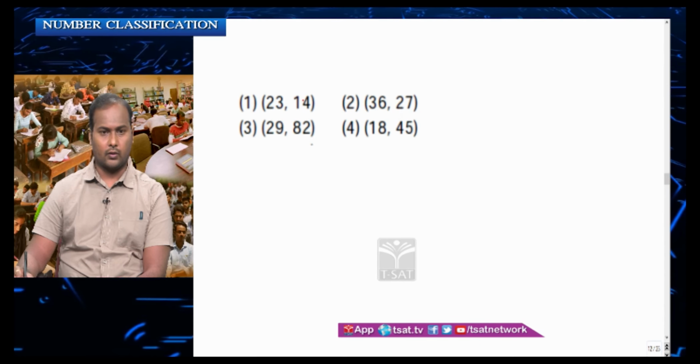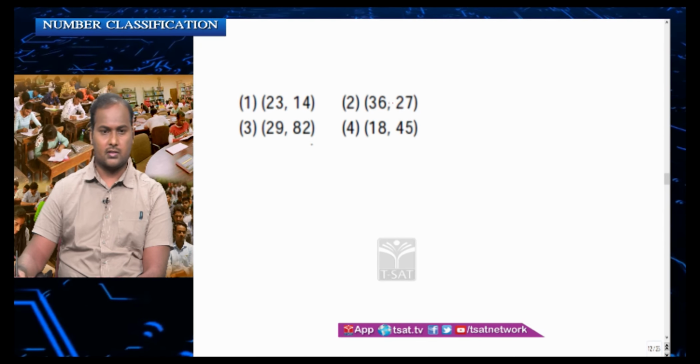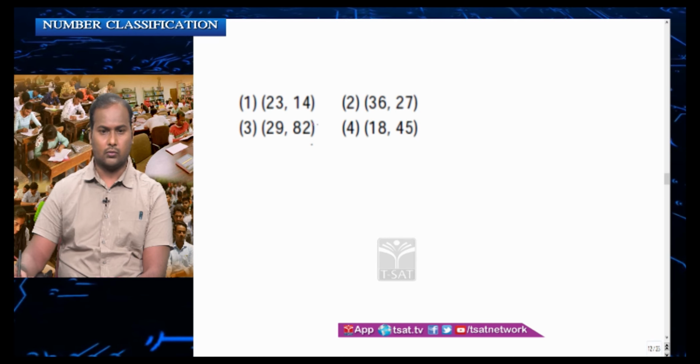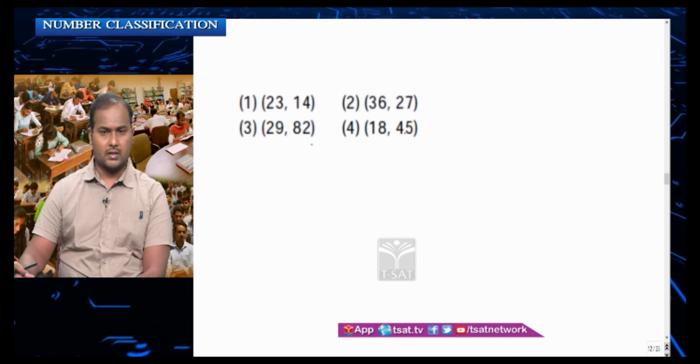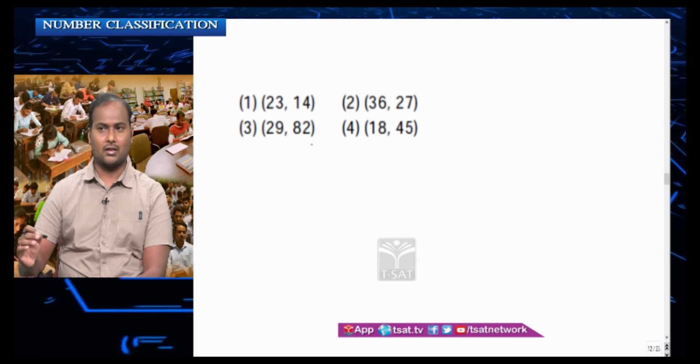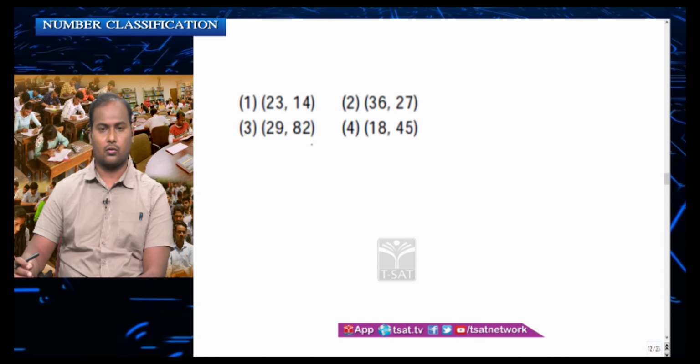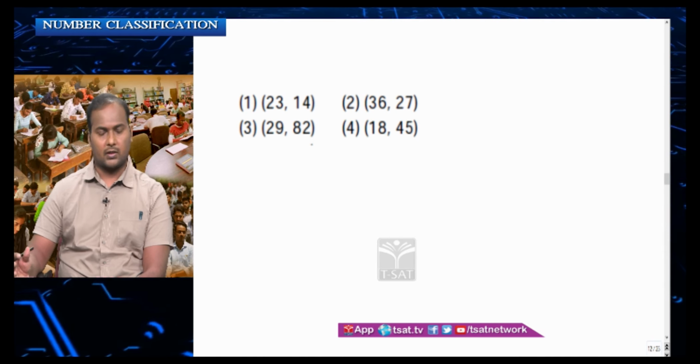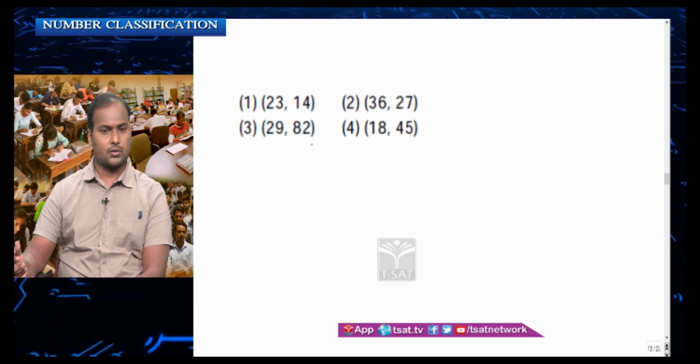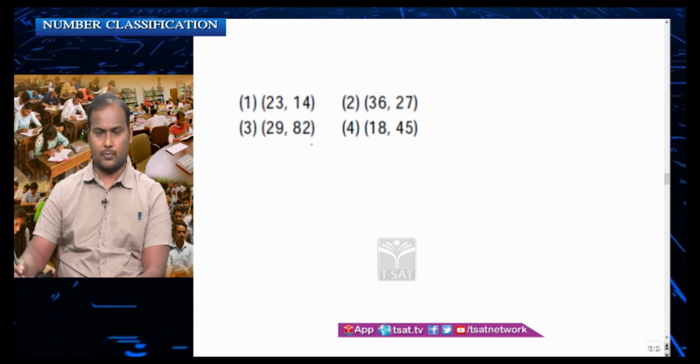Next question. See the numbers 23 14, 36 27, 29 82, 18 45. Here, as I said, you have to check the range. Based on the range, I can conclude whether it is squares, cubes, multiplication, division, or subtraction.